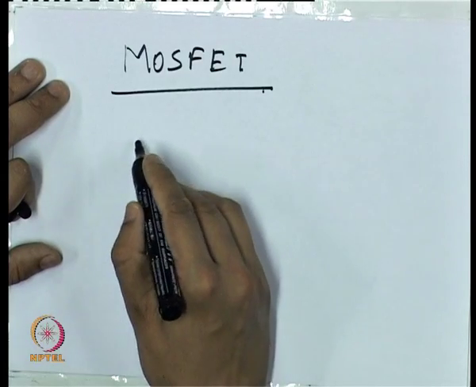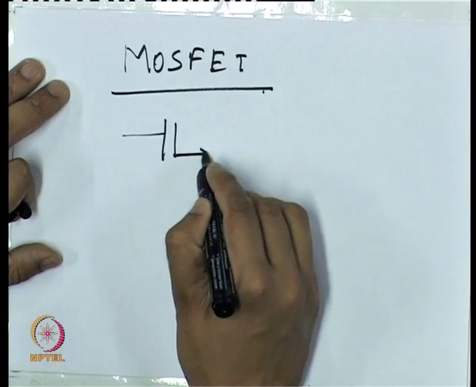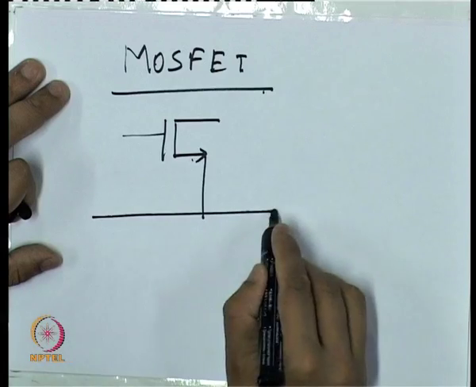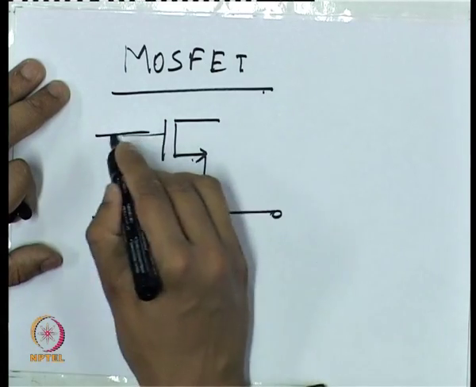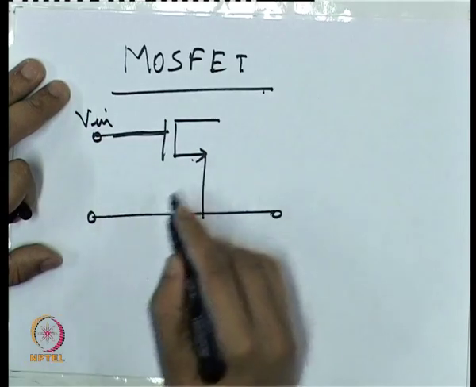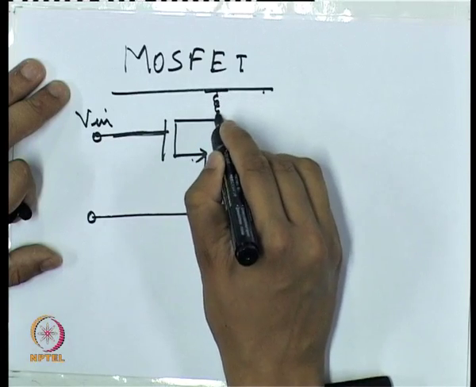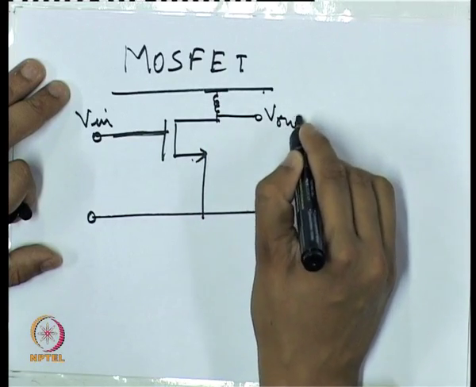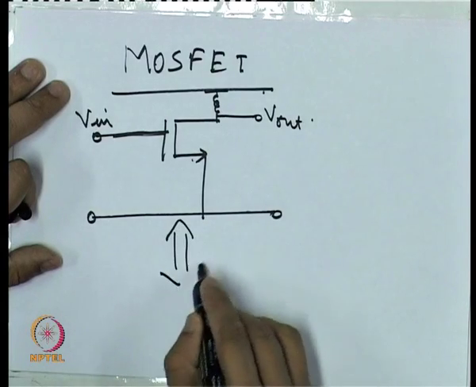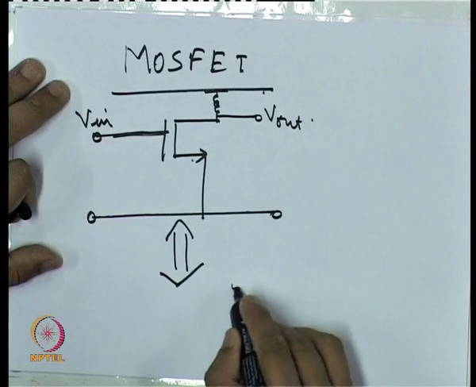A simple MOSFET has a circuit like this. Now, the equivalent noise circuit for this MOSFET can be given like this.